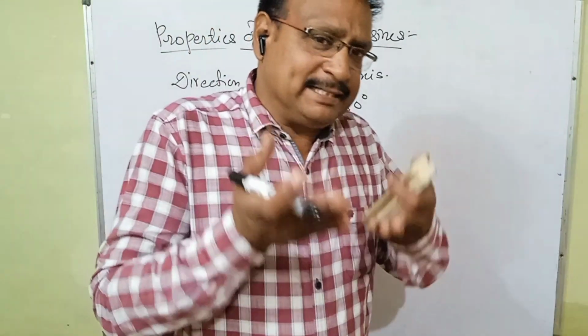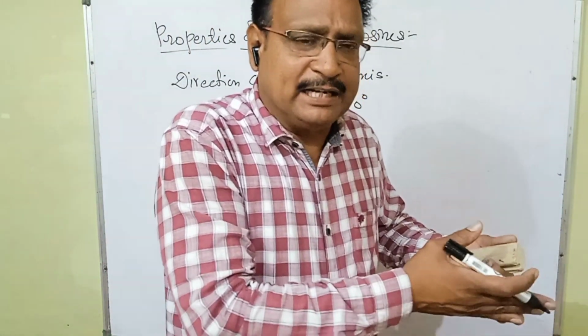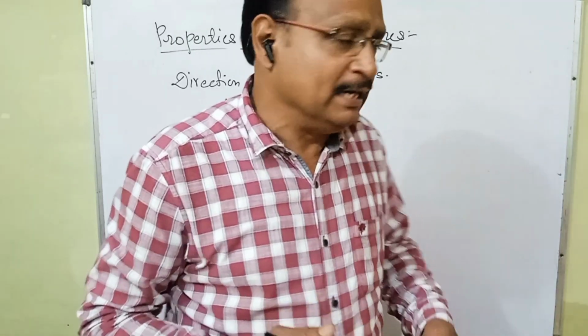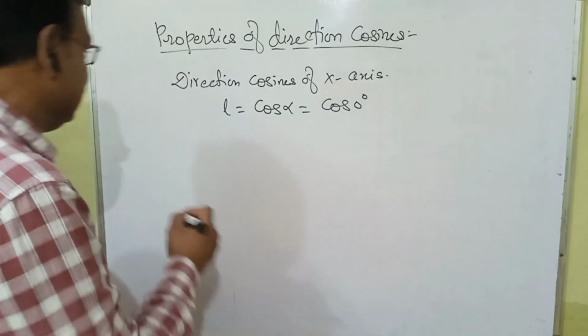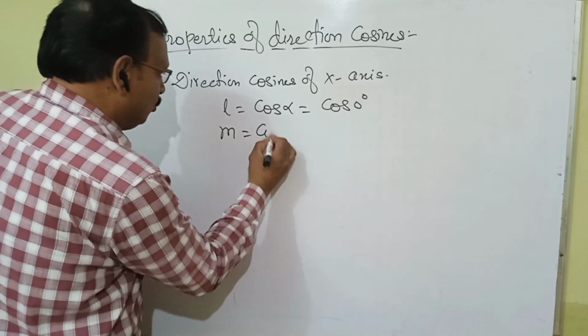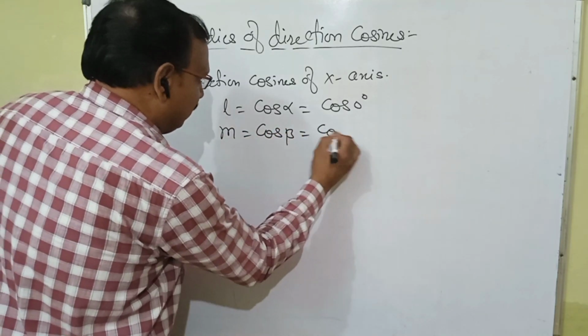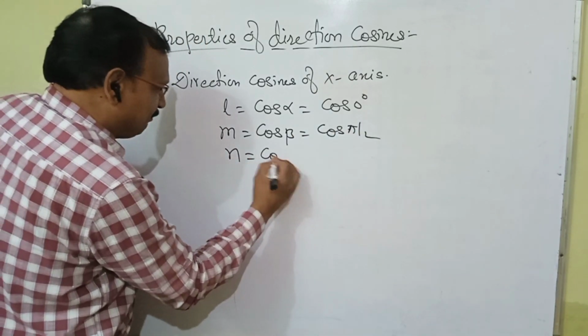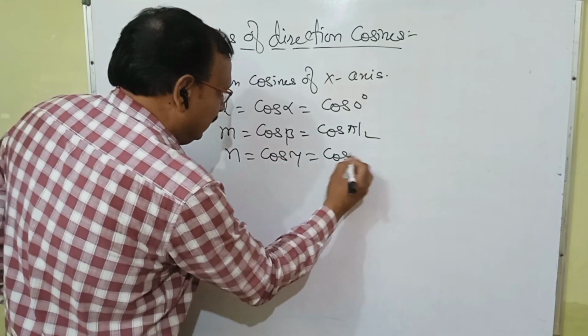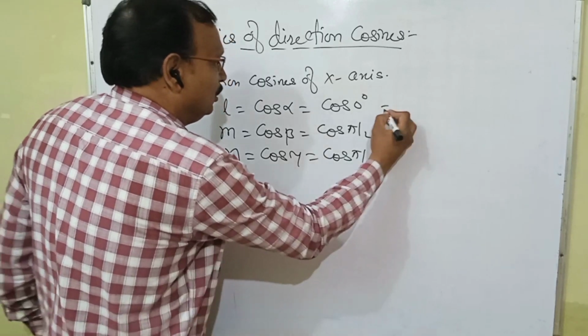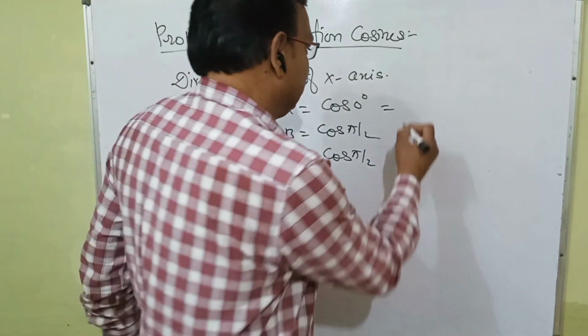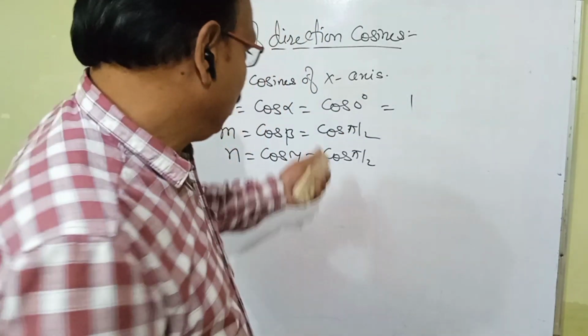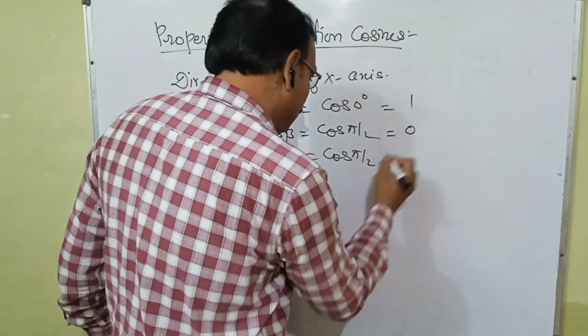Again, since we know that x-axis, y-axis and z-axis are mutually perpendicular axes, we can easily say that m is equal to cos beta is equal to cos of pi by 2 and n is equal to cos gamma is equal to cos of pi by 2. So cos 0 is equal to 1, cos pi by 2 is equal to 0.